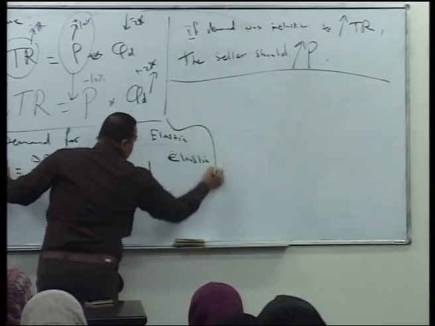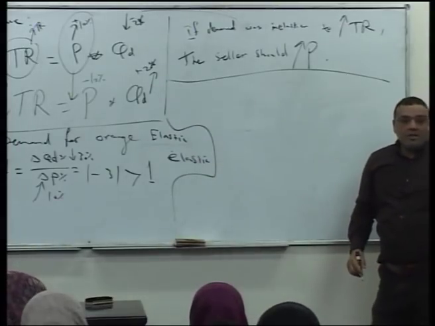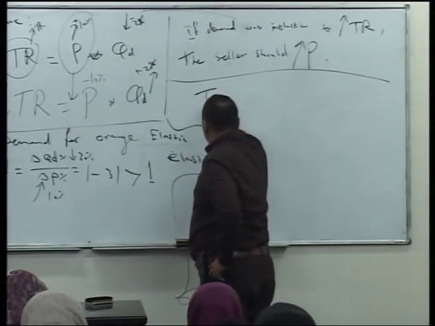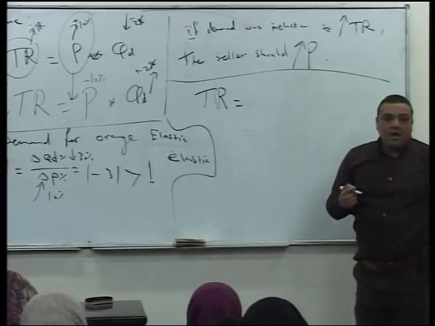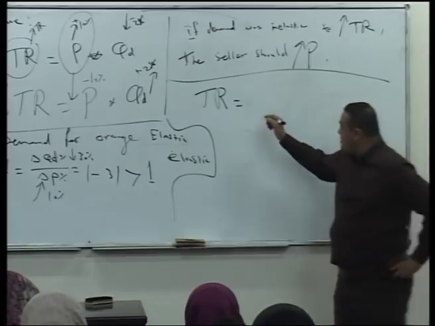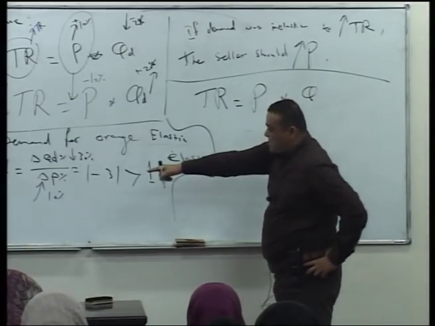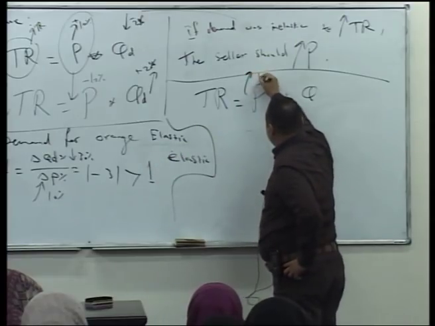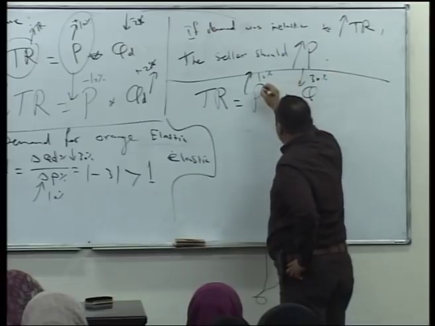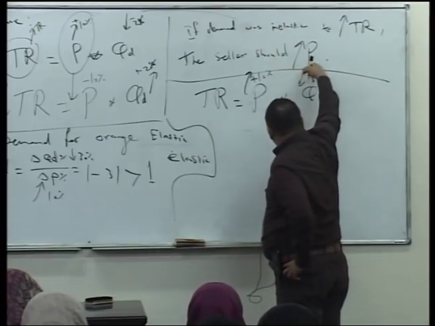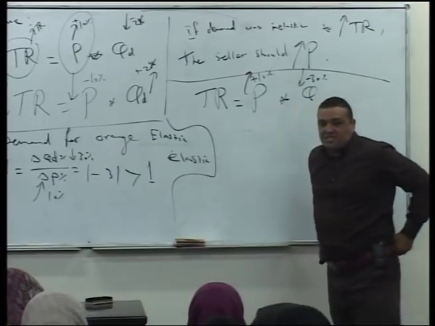All right? Now, let us apply this formula here. The total revenue for the producers or the sellers who sell orange, total revenue equals price times the quantity. So, according to our assumption here, increasing the prices by 10% leads to a decline in the quantity demanded by 30%, which has larger effects.